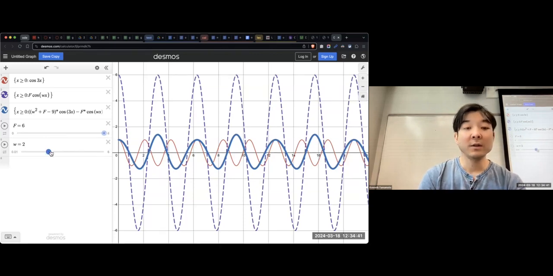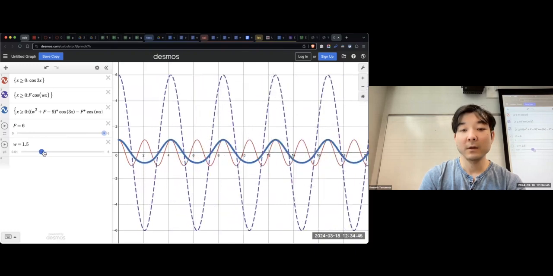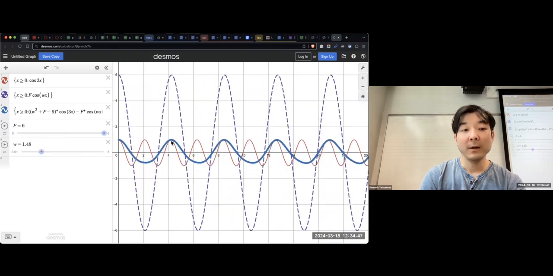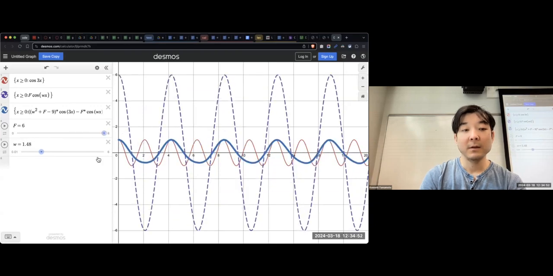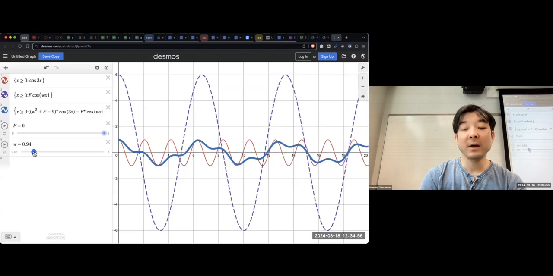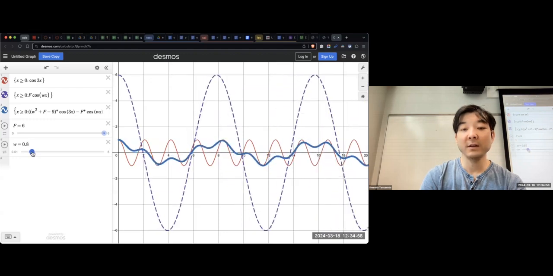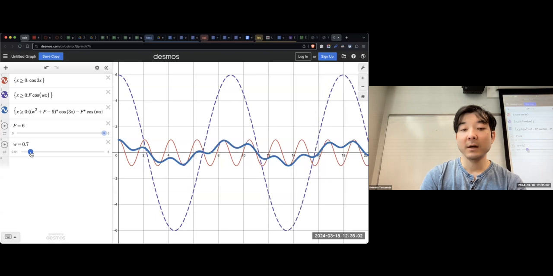And of course, you could also tune this, like right here. So that's just how the external force is affecting the natural vibration of the thing. What else can I look at?